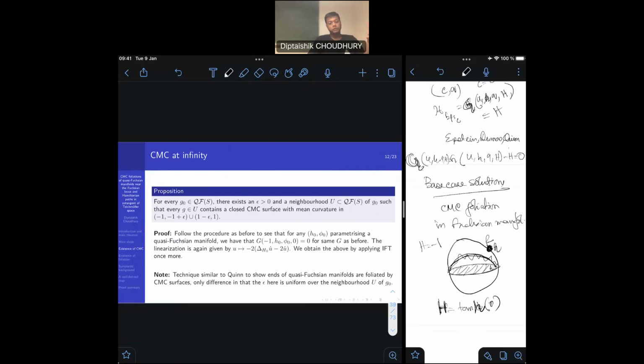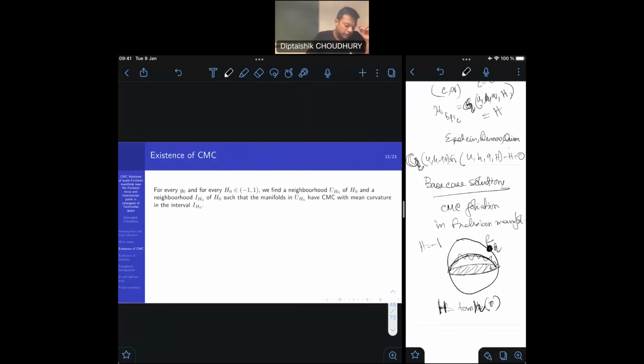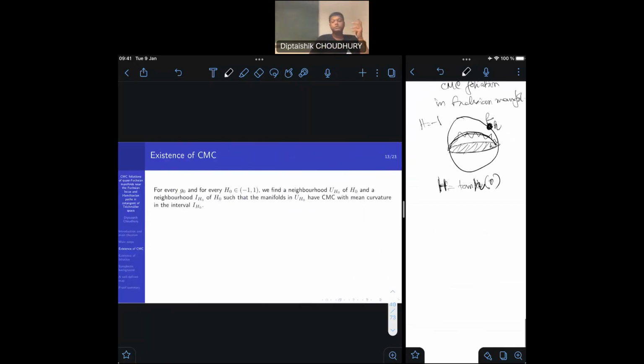So this is uniform over all the manifolds in this neighborhood u, and this will be useful in constructing this open set essentially as the intersection of all these open sets that we had constructed till now around the Fuchsian locus. So what I'm saying is that now I want to show that there is a neighborhood of the Fuchsian locus which contains a CMC surface for any value of h in -1 and 1.